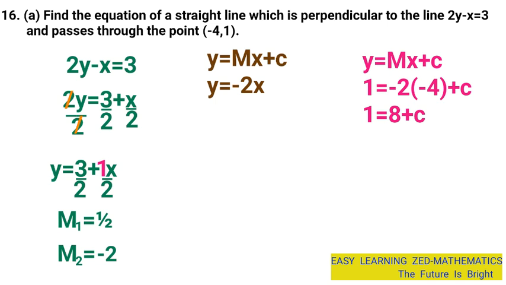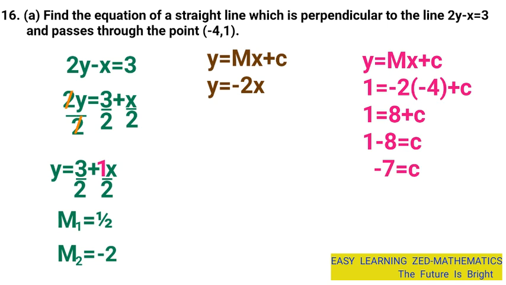So I'm going to write 1, then the 8 will cross the equal sign and come to where 1 is, so it will become negative. So 1 minus 8 is equal to c. When we subtract 8 from 1, we're going to get -7, which is equal to c.